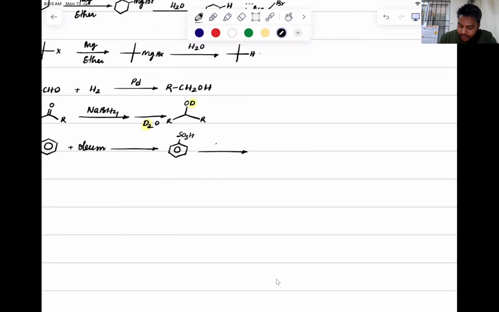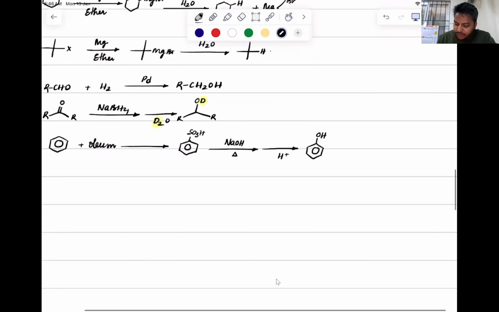In the presence of NaOH and heat, the temperature is generally not mentioned in the 2-3 places where NCERT has used this reaction. They never specified the exact temperature, so just put it as delta only. In that case, first you are supposed to get O minus Na plus, and from there, on protonation, you will get phenol.